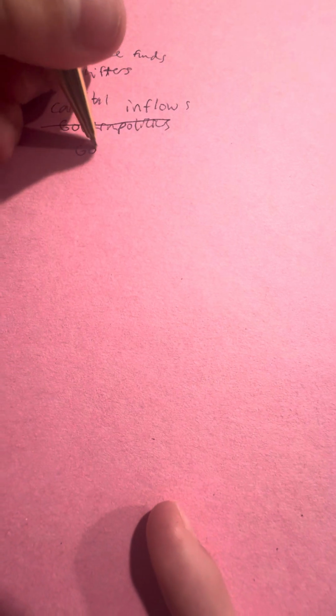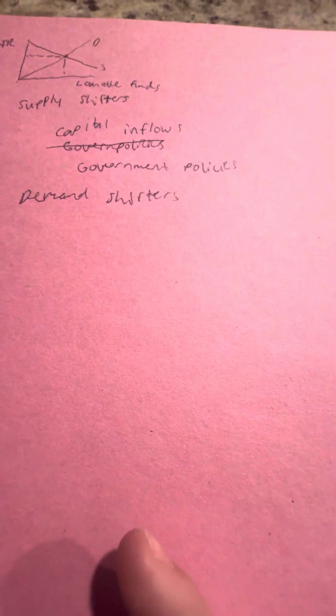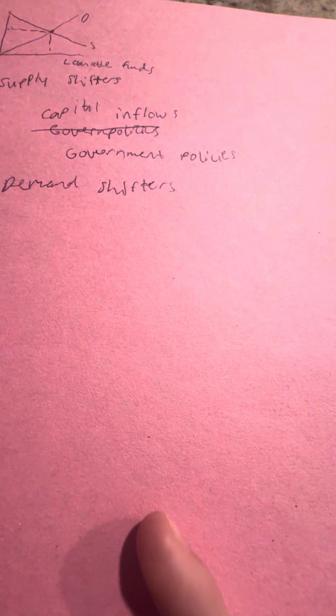Let me write that a little better. Government policies. Okay, and then we have our demand shifters. And our demand shifters, the first one is going to be government borrowings.